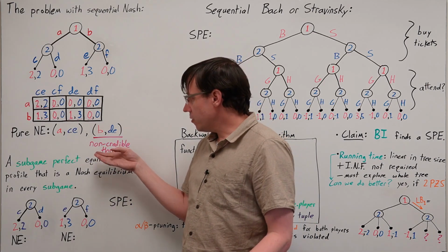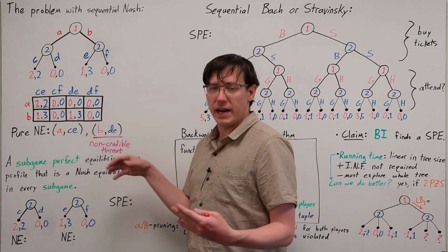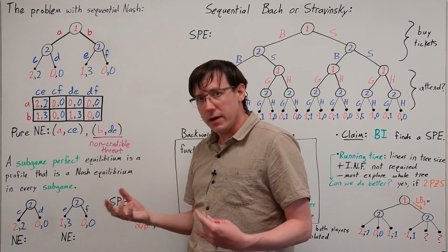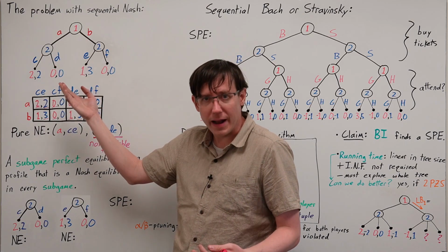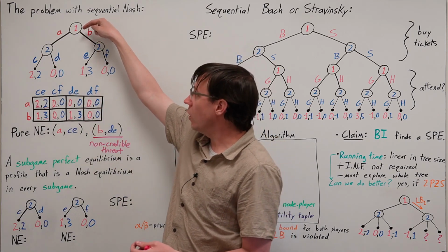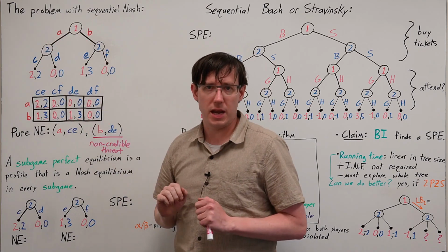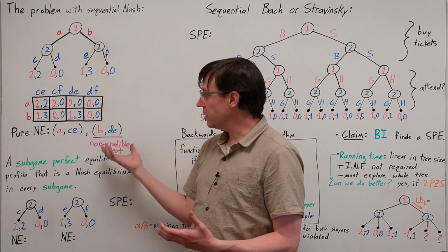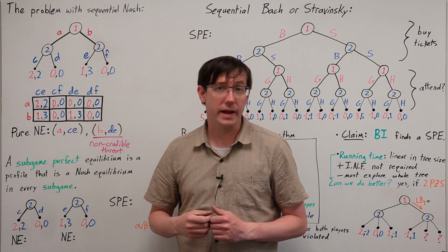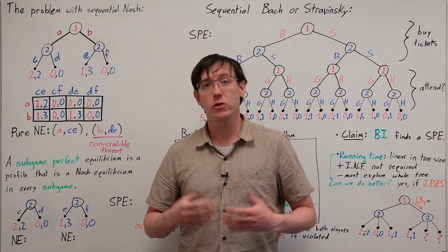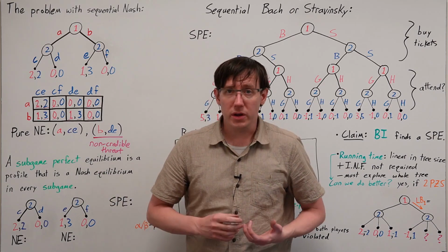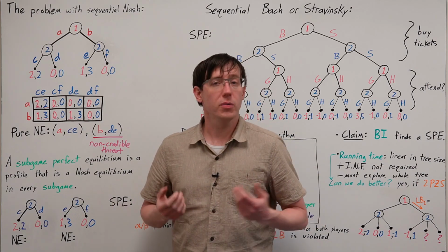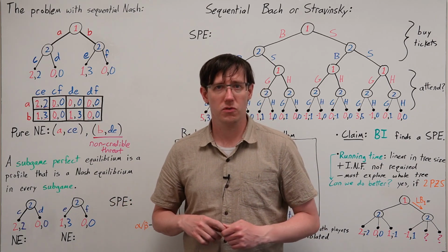And so while this profile meets the definition of a Nash equilibrium, it fundamentally depends on player 2 making a non-credible threat to get player 1 to avoid this part of the game tree. And this possibility is part of the reason why extensive form games have a huge number of Nash equilibria, and why Nash equilibrium may not be the best way to make predictions in extensive form games.